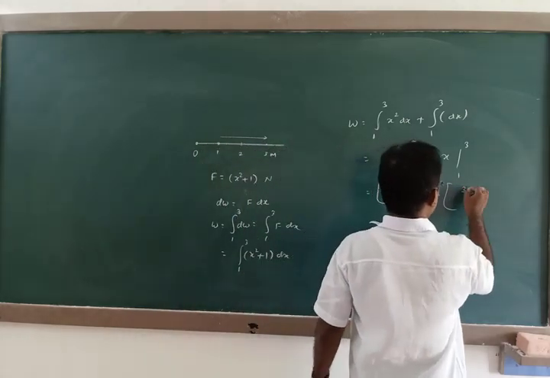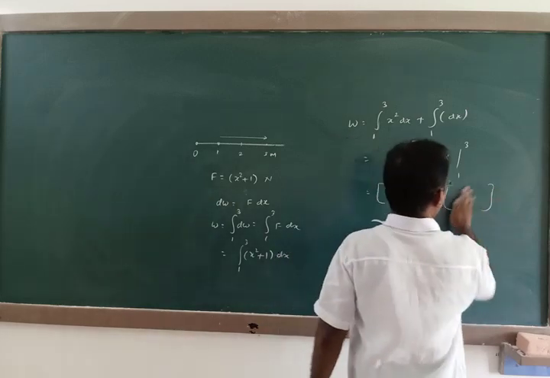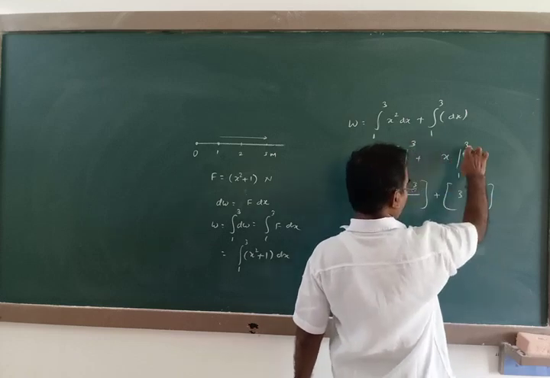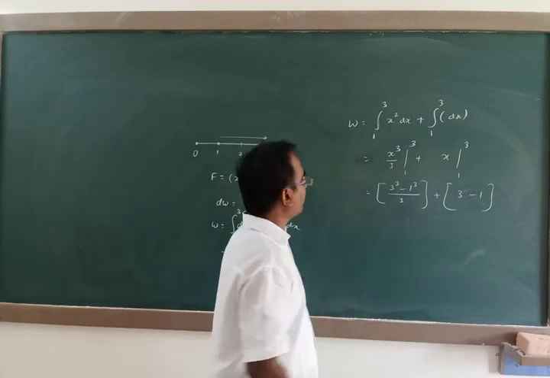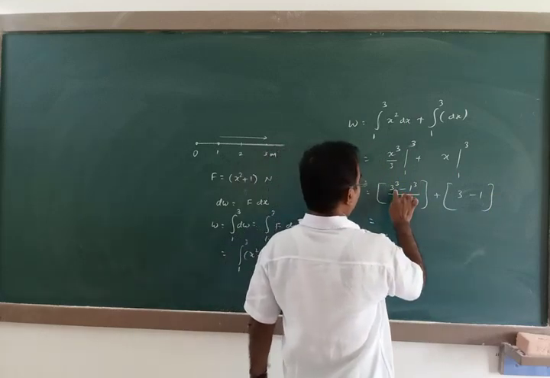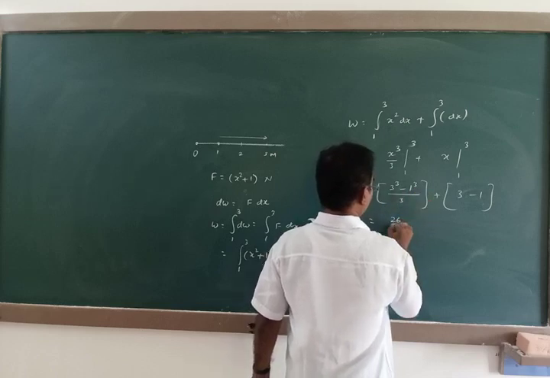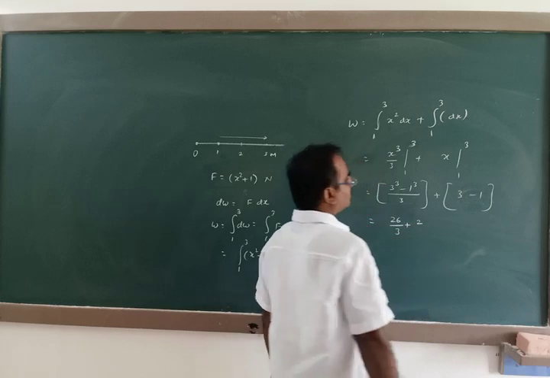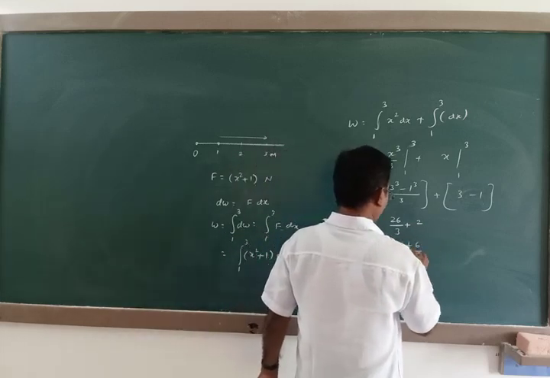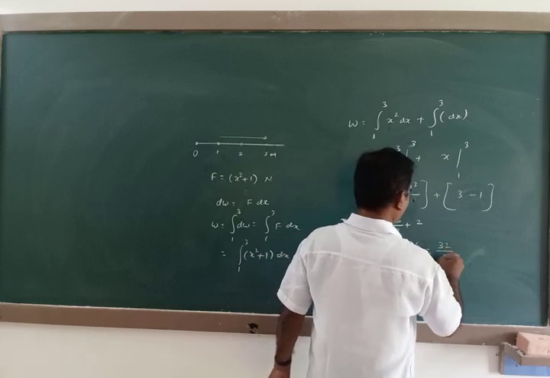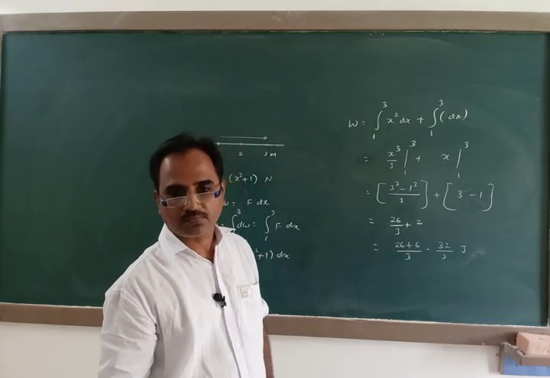Here 3 minus 1, because the upper limit is 3 minus the lower limit is 1. So this is 27 minus 1, 26 over 3, plus 2. If I take LCM, 26 plus 6 divided by 3, so this becomes 32 divided by 3 joule. So I have to do the calculation like this.